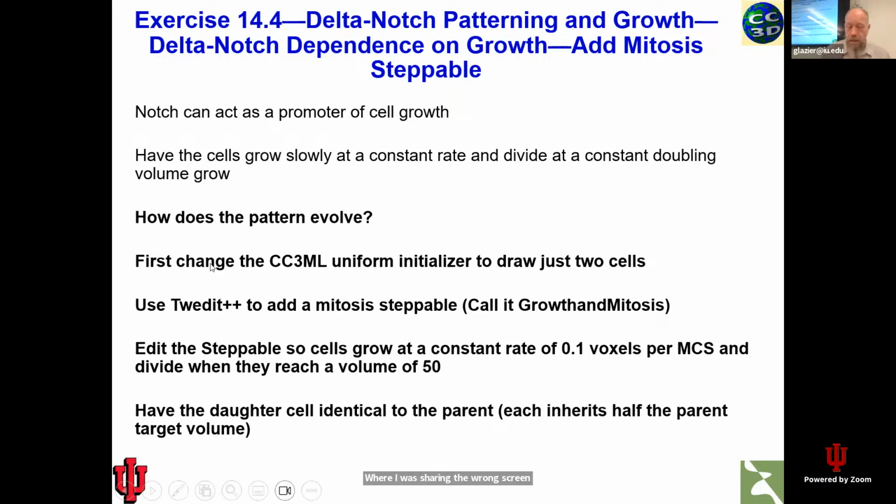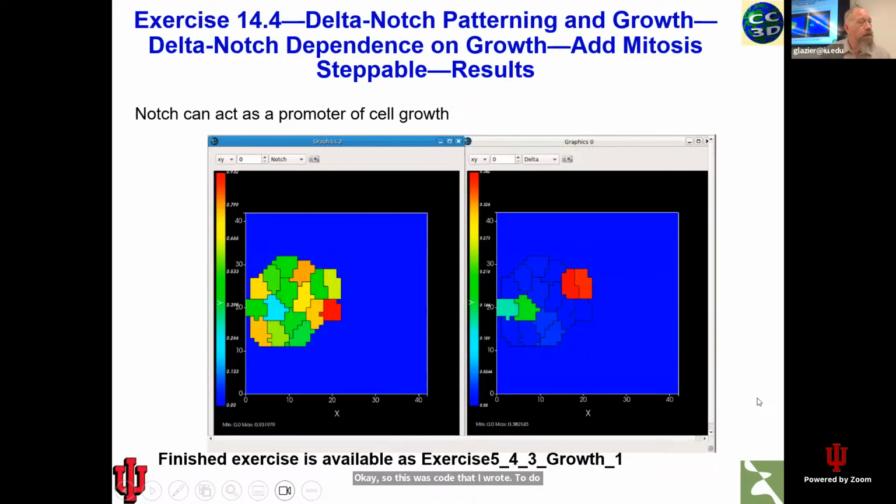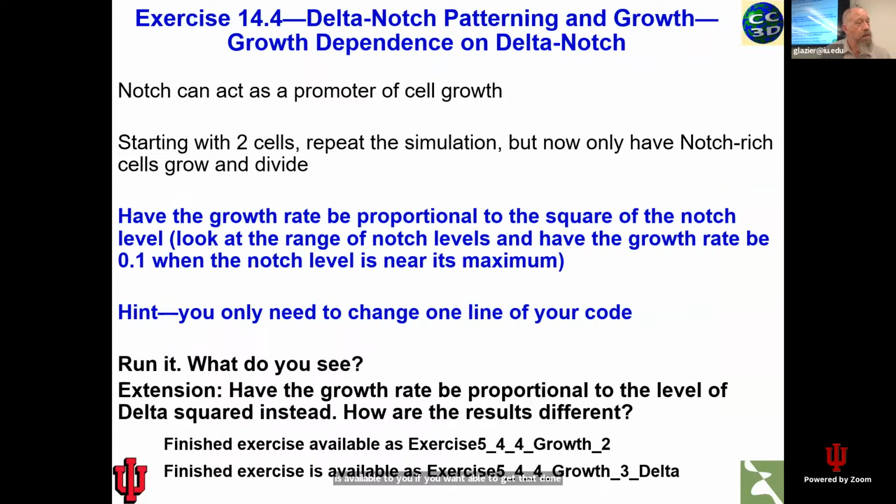Okay. So this was code that I wrote to do that, and this was the kind of output that I got. Again, that code is available to you if you weren't able to get that done in class. And then this was the second part of that, where we had the growth rate depending on the notch.